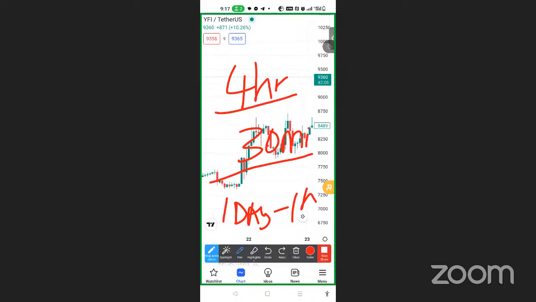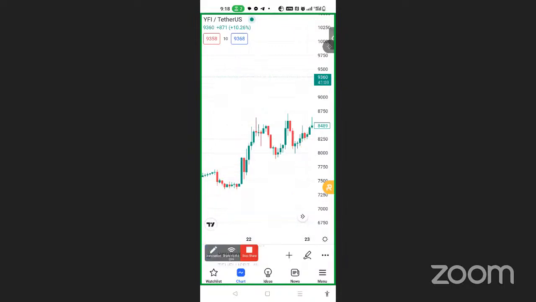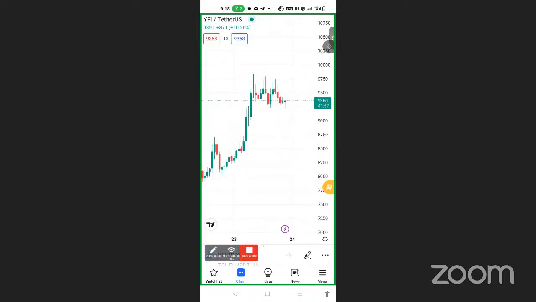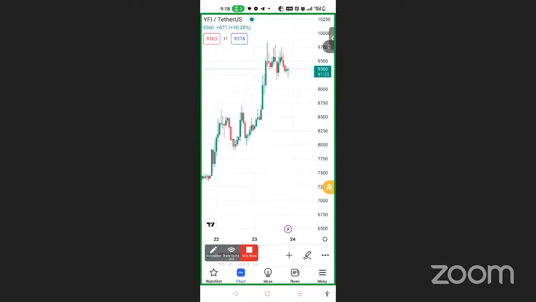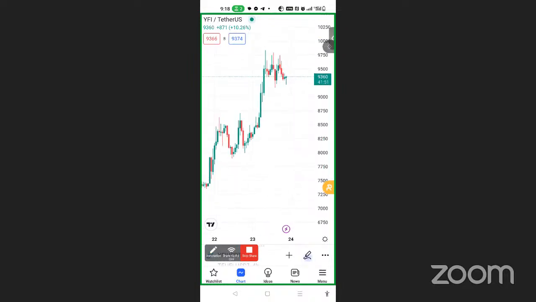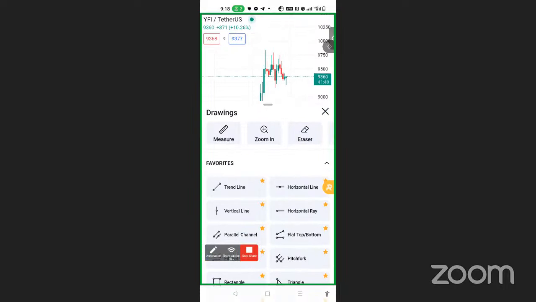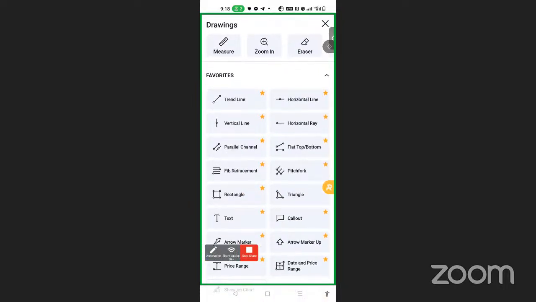So let us start off with the first trend line. We are going to pick up this, and let us start with the parallel channel.